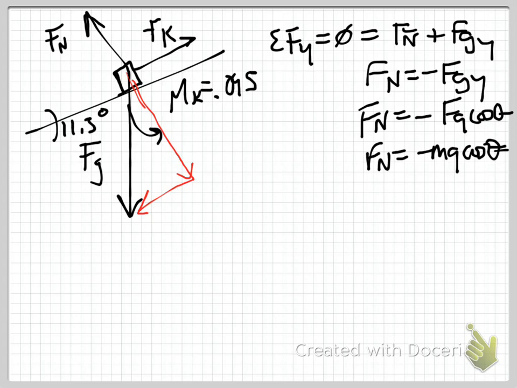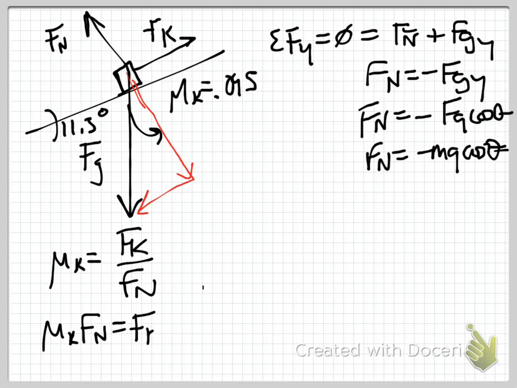Okay. We also have mu k equals Fk over Fn, therefore mu k Fn equals Fk.